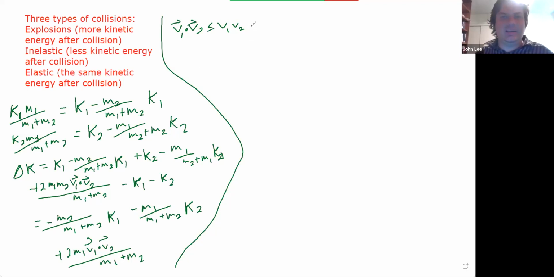So which is equal to the square root of K1 divided by times 2 divided by M1 times the square root of K2 times 2 divided by M2, which is equal to 2 square root of K1 K2 divided by M1 M2.